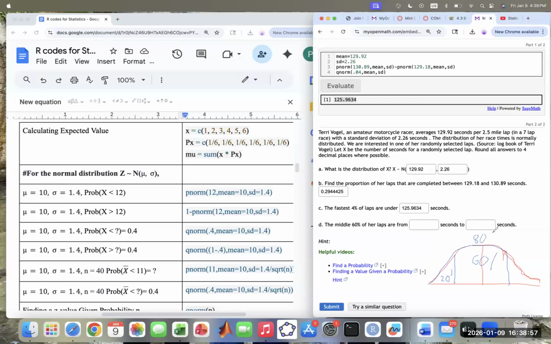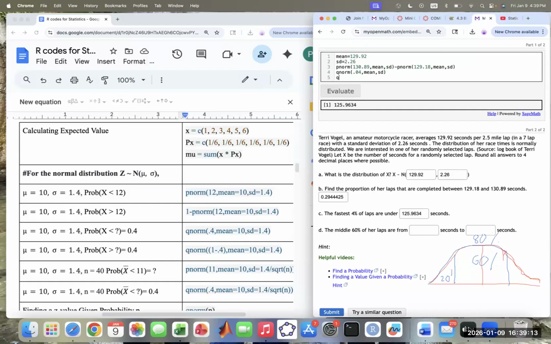So you're going to use qnorm here for the lower 20%, that means 0.2, and then the mean and standard deviation. That will give you the lower value, about 128 seconds.